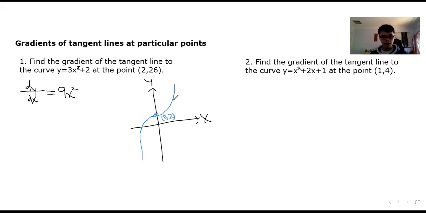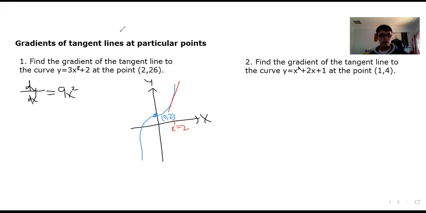Then let's say x equals 2 is around here somewhere. The tangent line is going to pass through x equals 2, and it'll just look like a straight line going through this particular point.